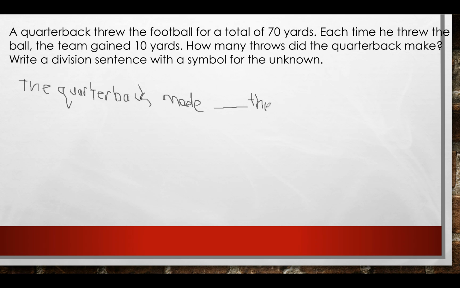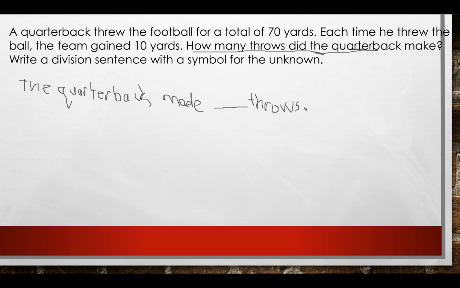And then we need a period at the end because this is a telling statement here. So we've taken care of that question.